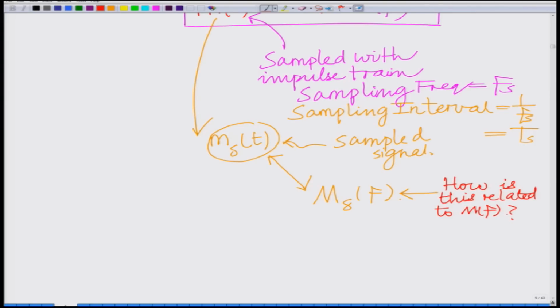What is the relation of the spectrum m delta f to m of f? And remember, also more importantly, when we are sampling, we are losing information, because we are only extracting the information of the original signal at the sampling instants, that is multiples of Ts, 0, Ts, 2 Ts, minus 2 Ts, and so on.